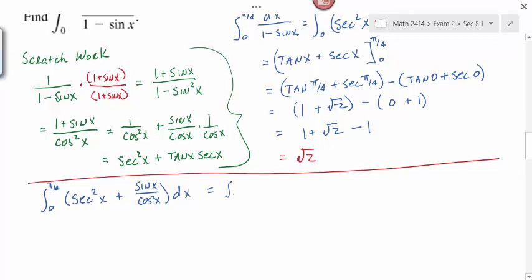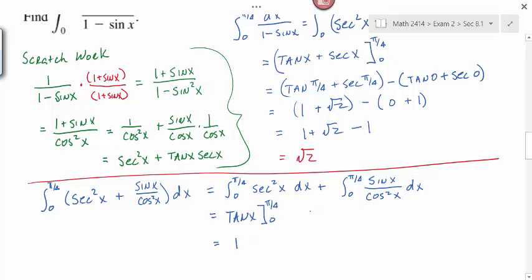That's going to give me the integral from 0 to pi over 4 of secant squared x plus the integral from 0 to pi over 4 of sine x over cosine squared x. Forgot my dx. This first integral, like before, is just going to be tangent x from 0 to pi over 4, which is tangent pi over 4 minus tangent 0, which is 1.